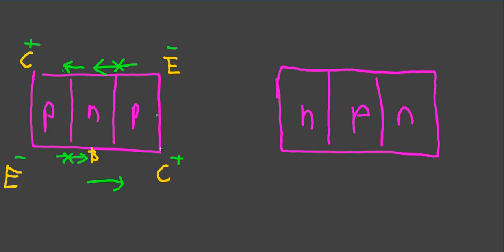The same goes for our NPN collector. So right now I'm going to draw the E and C once again. So right here we have the N and we're doping it with electrons, and we have the P, we're doping it with holes. That's good. That's what we want. But right here, if we go a step further, we actually have P and we're doping it with electrons, and we have N, we're doping it with holes, so that doesn't work. So we're creating the barrier layer on another level.